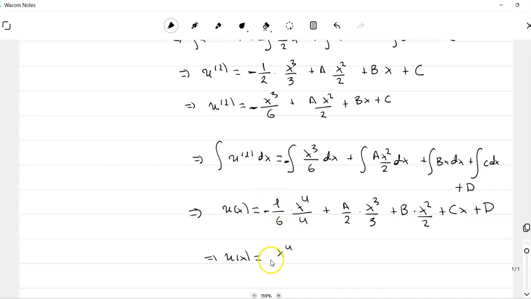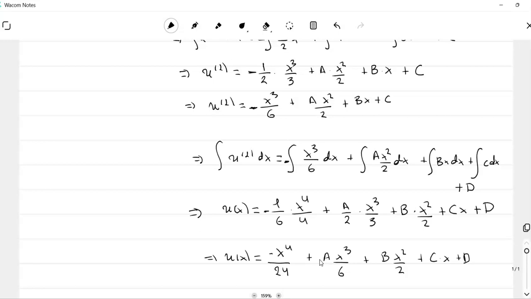So this is minus x to the power of 4 over 24 plus a x cubed over 6 plus b x squared over 2 plus c times x plus d.